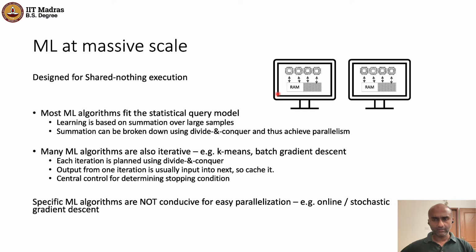This is as contrasted with the shared memory execution model, where you directly access the memory regions of another process. So that way you get faster access to that data. You don't have to go through an explicit shuffle step, but you also have to deal with things like race conditions and stuff like that. Like how do you prevent two processes from writing to the same memory region?